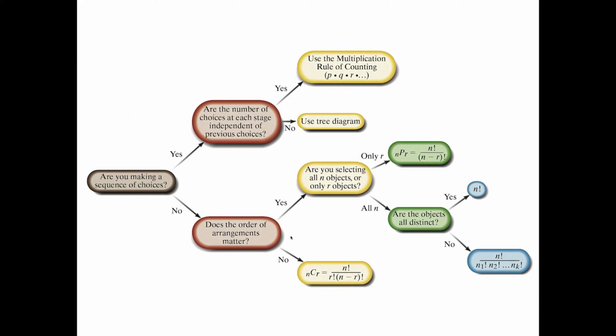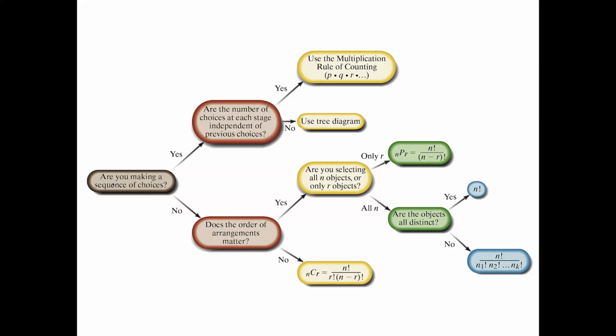Yes or no? Does the arrangement or the order of arrangements matter? Okay. And what we said here is that the combinations rule is you're choosing from n distinct objects, you're choosing R. And we have our formula for combinations. And we know for combinations, the order doesn't matter. We're not choosing from a menu.